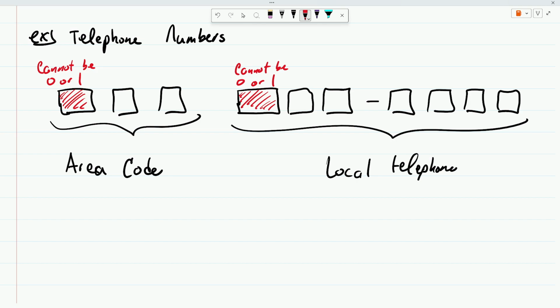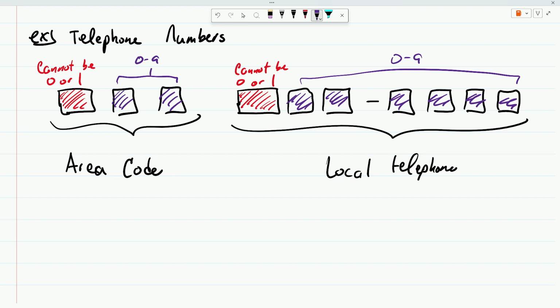Now, in the other slots, where I'm highlighting in purple, they can be any number we want between 0 and 9.